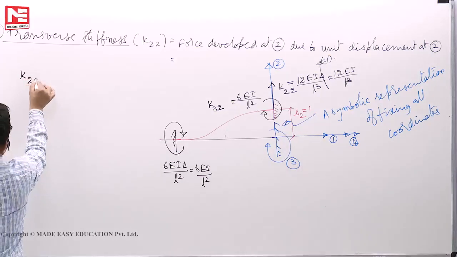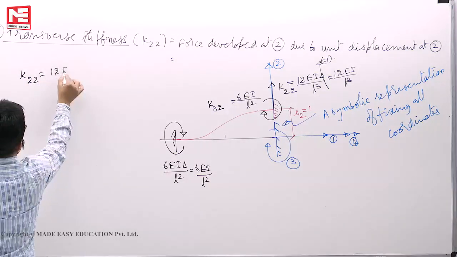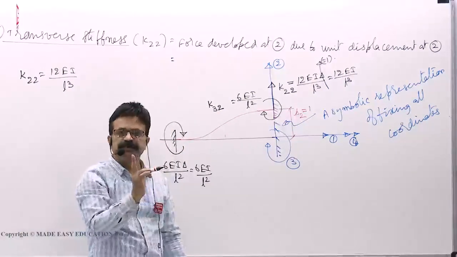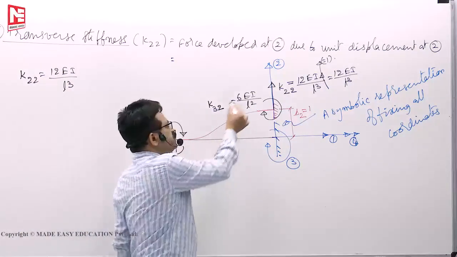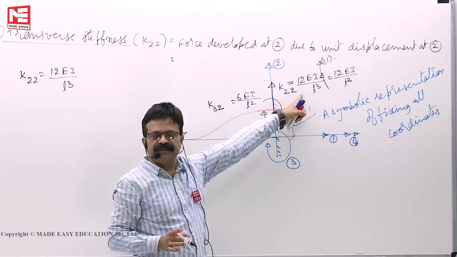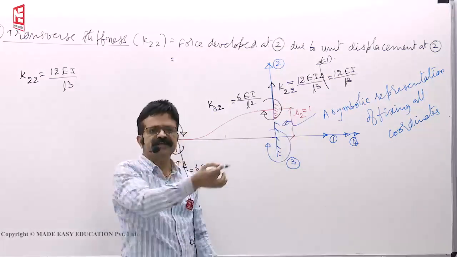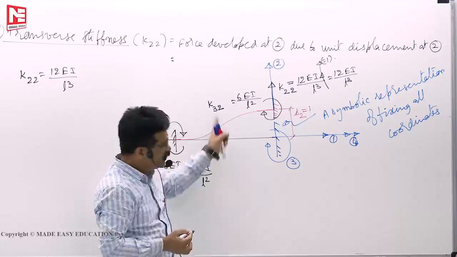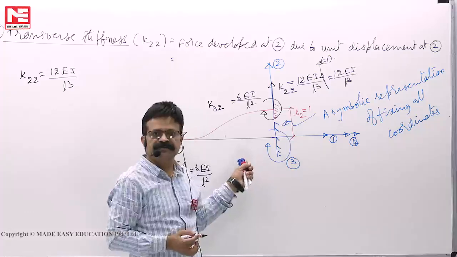So K22 is 12 EI by L cube. That's why I told you in MDM, whenever you see this type of deflection profile, this formula you must remember: 12 EI by L cube. You cannot derive it again by using Macaulay's method of double integration and waste the time. Neither can you use strain energy stored in the beam.